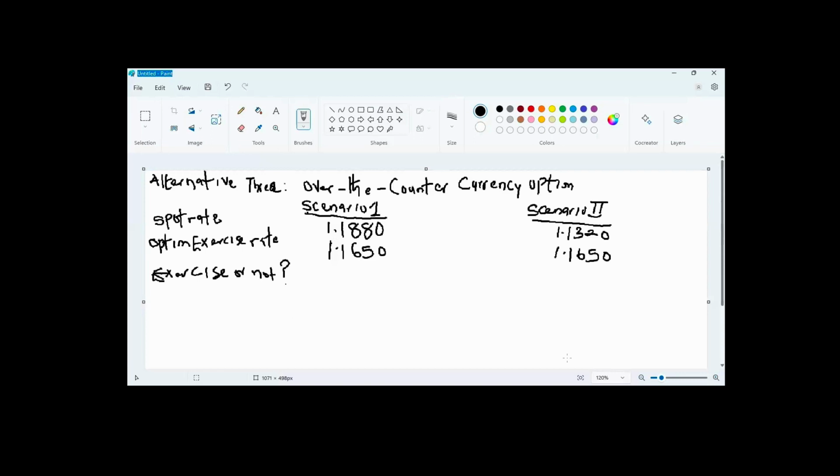The higher the rate, the lower the receipt you are going to get. So I will say yes, exercise my rights, because the exercise rate is lower than the spot rate.